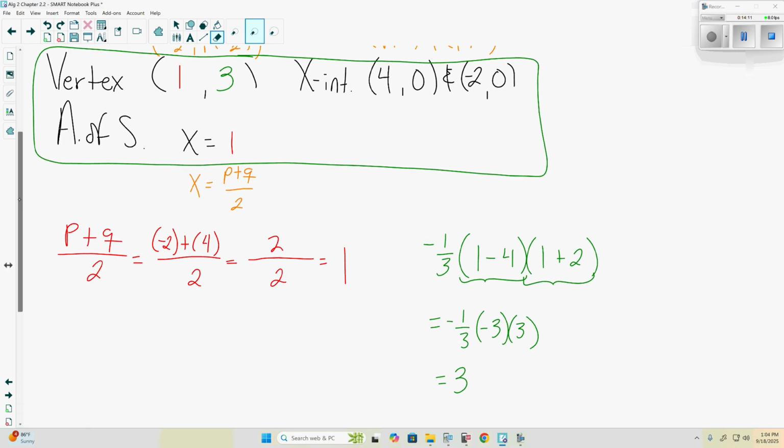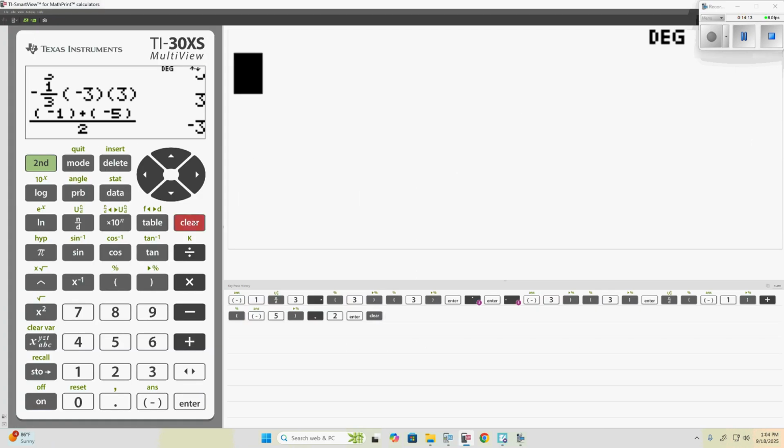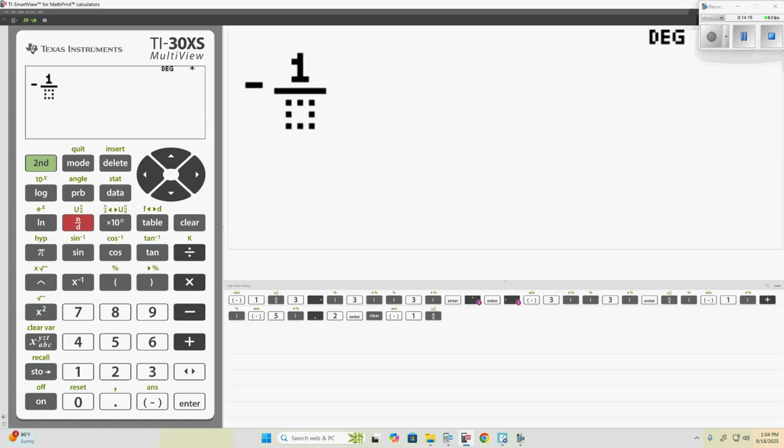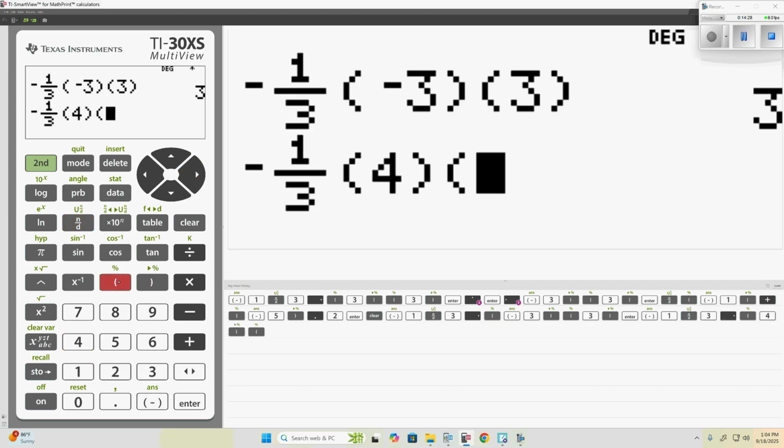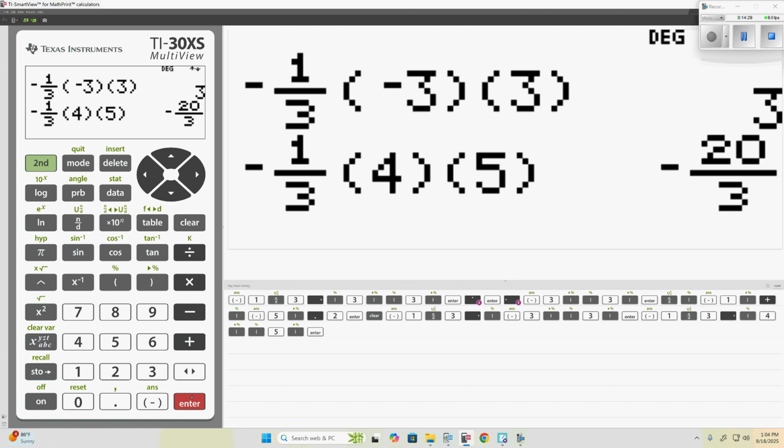We could have also typed that whole thing into the calculator. Negative 1/3 times negative 3 times 3 would give us our answer. Even if they didn't divide nicely by 3, the calculator will still give us the answer.